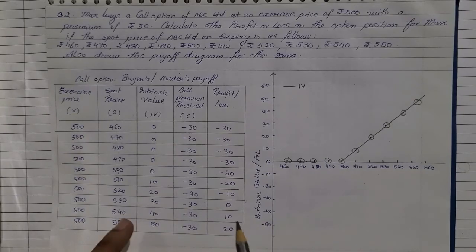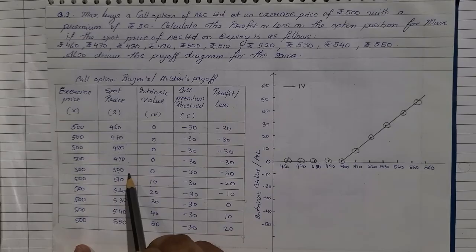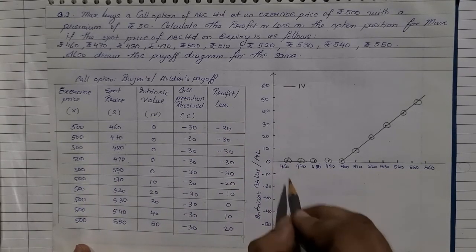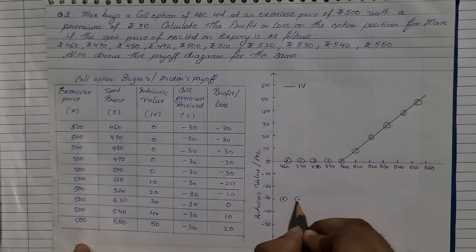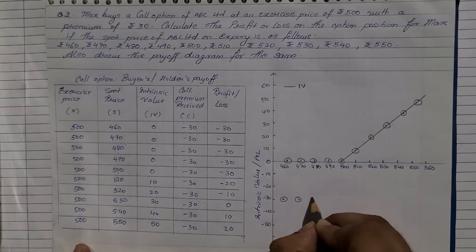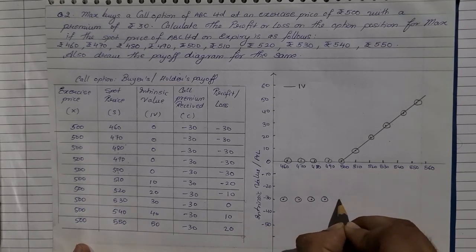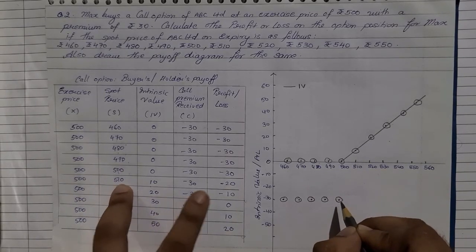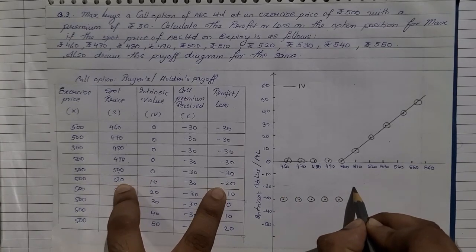When your spot price was 460, 470, 480, 490 and 500, the profit and loss was negative 30 each. Now at 510 your profit became negative 20, so we'll mark that as 510 at negative 20.